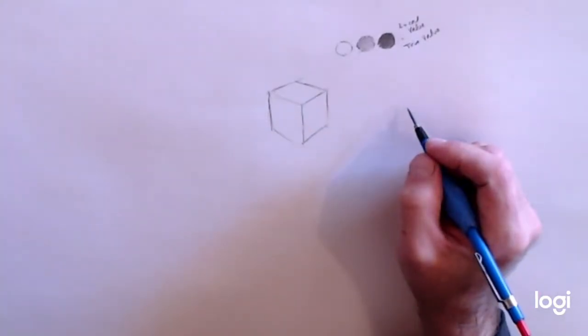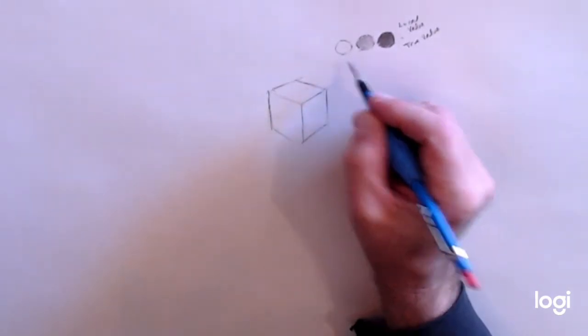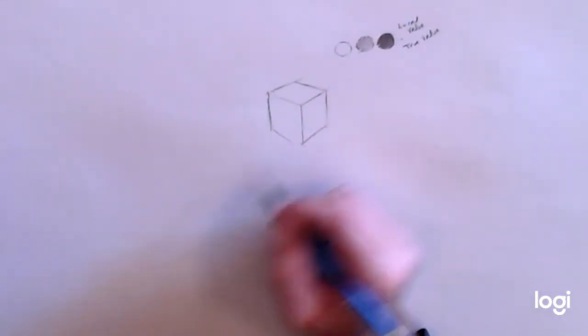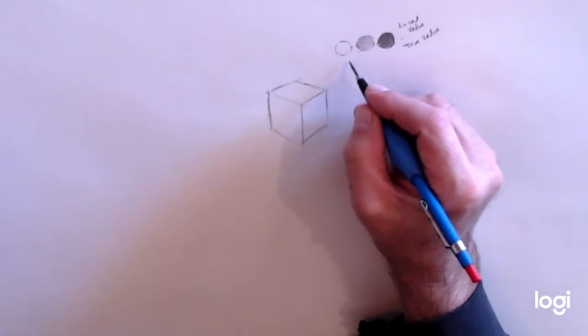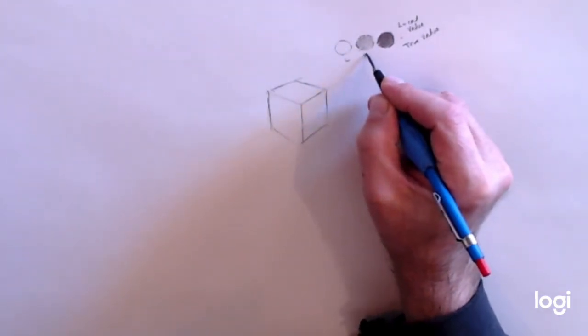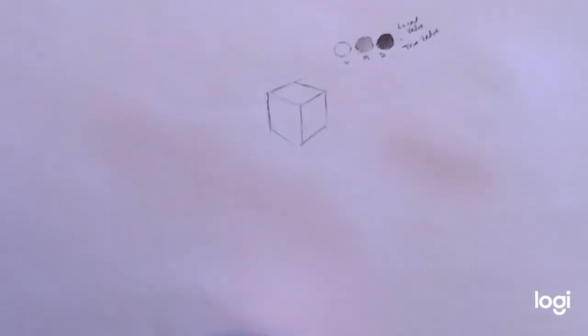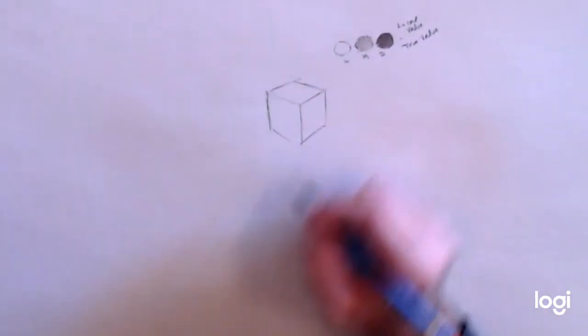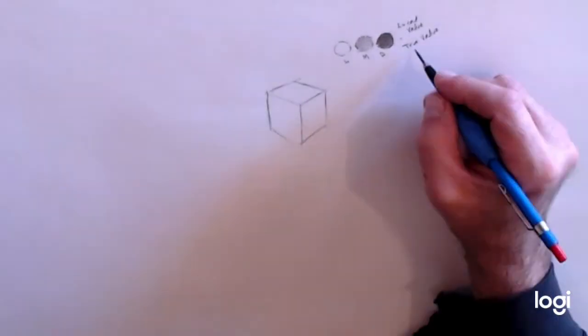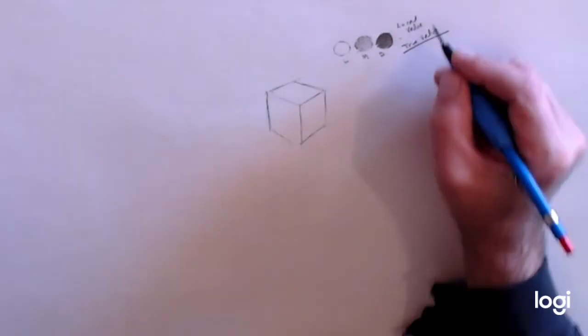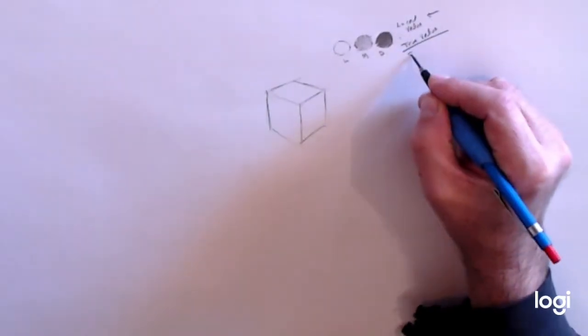So you can have objects that are any shade between white and gray, right? So at this point we're saying that we've just got a light, a medium, and a dark. Okay? So this is true value or local value shading.